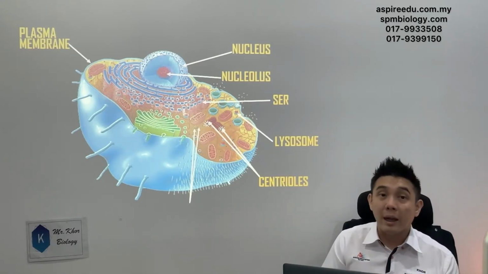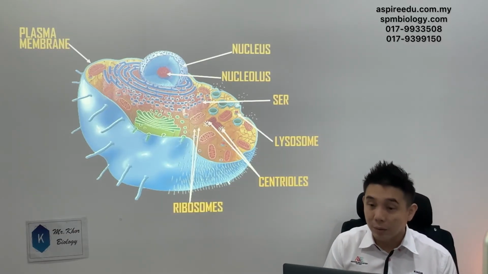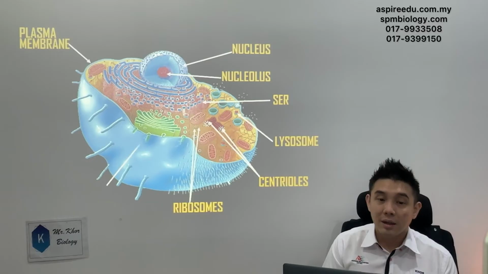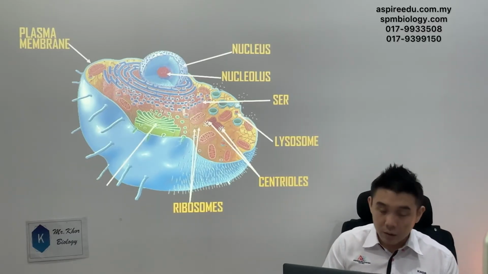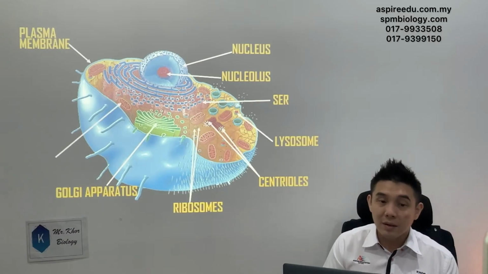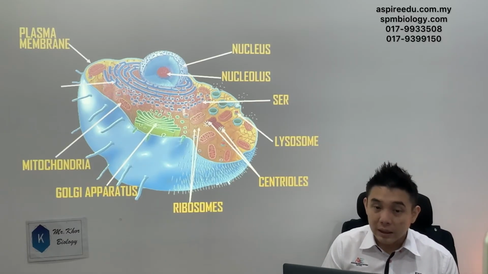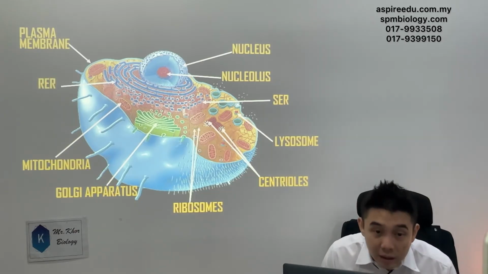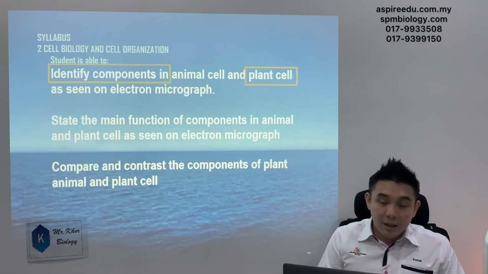It's so small I cannot see. Guys, so small. Ribosome. Okay. Golgi apparatus. Mitochondria. This one is smooth ER. Sorry, I missed the dot. Guys, this is rough ER.